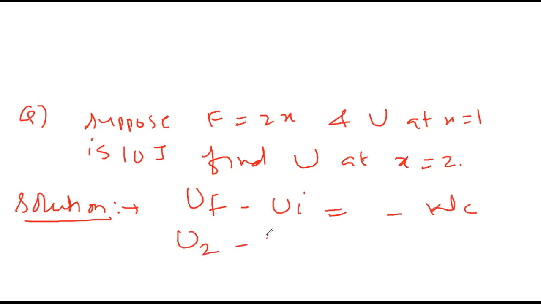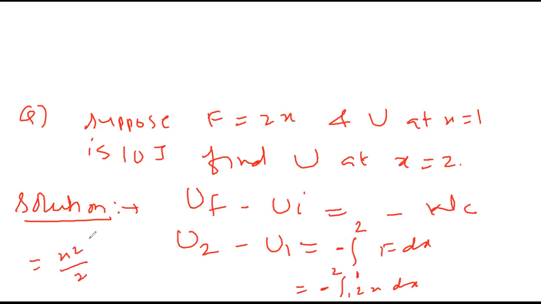That means U2 minus U1 will be minus of the integral of F dx from 1 to 2, that is minus of the integral of 2x dx from 1 to 2, that is x square upon 2, from 1 to 2, 2 cancel.